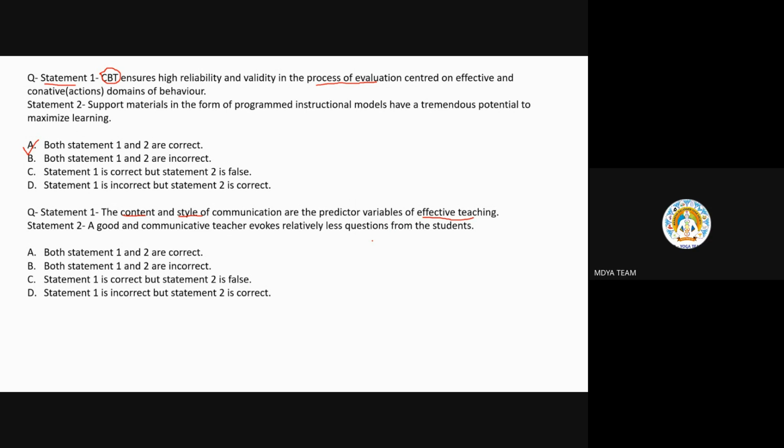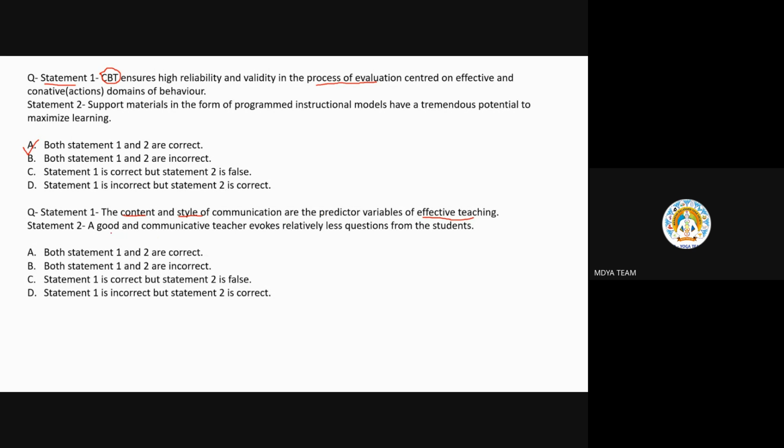The statement 1 is correct and 2 is incorrect because the quantity of questions the teacher is asking does not judge how good a teacher is or whether the communication is good or not. So the first statement is correct: the content and the style of communication are the predictor variable of effective teaching.